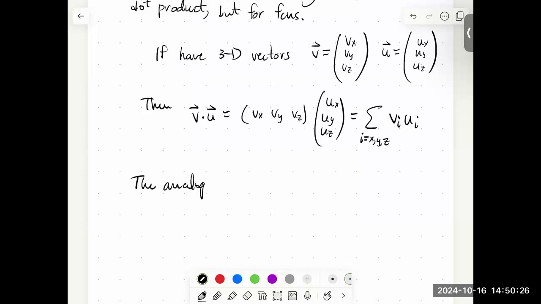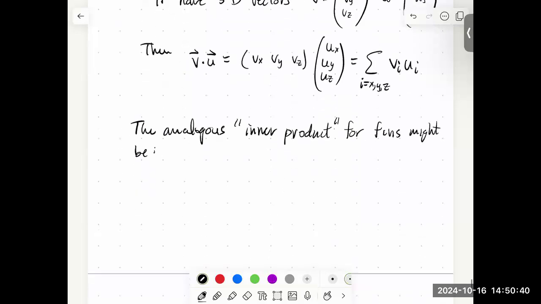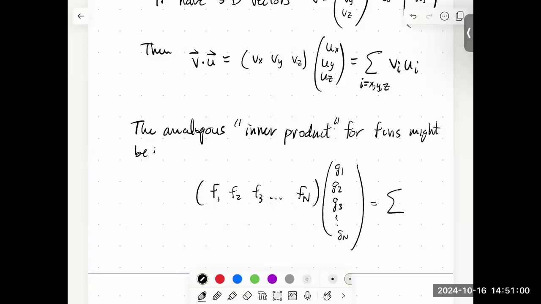The analogous inner product for functions might be something like: what if I just took f1, f2, f3 as a row and multiplied this by g1, g2, g3 as a column? That's just going to result in the sum of f_i g_i for i equals 1 to n.